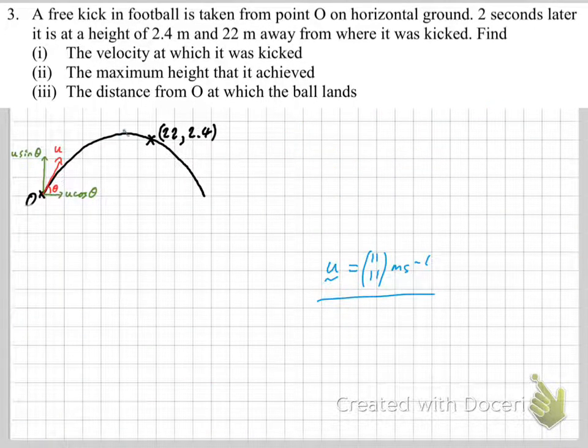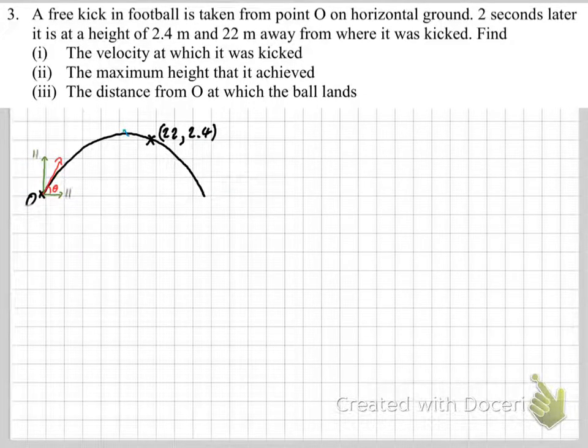Okay, to find the maximum height, let's over here notice that I'm going to replace this u sine theta and u cos theta now with 11. You shouldn't do this in your exam, you should draw new diagrams. I'm just trying to recycle so I can use the space. At the top here, that's what we need to think about.